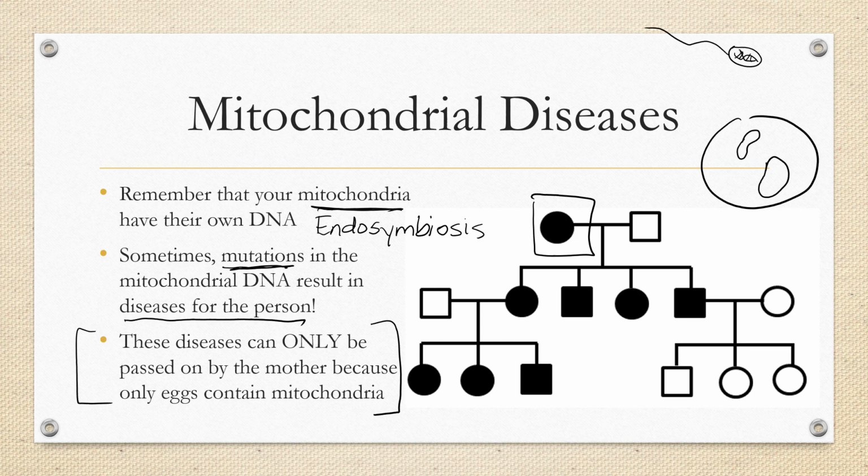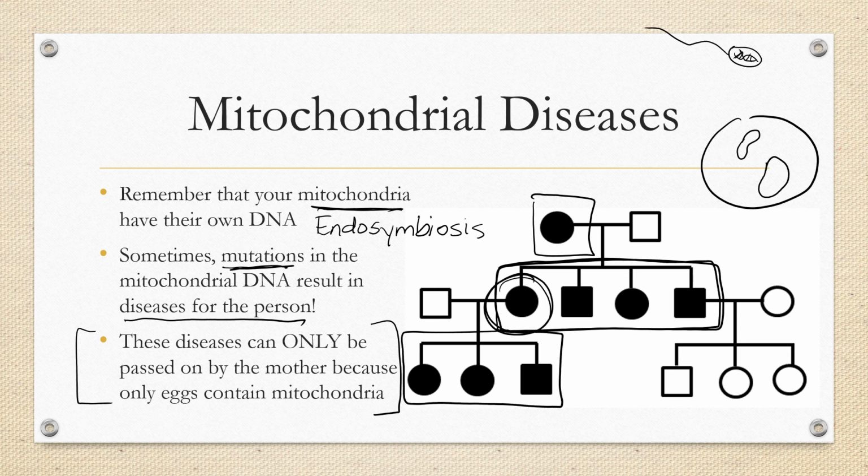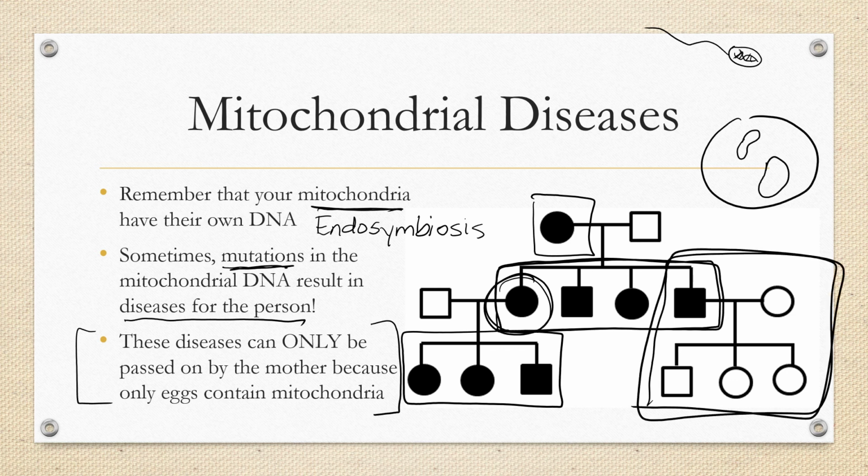So they won't be passing on any mitochondria that could possibly be disordered. And you'll notice that every single one of her children will end up with the disorder. So this mother has it and gave it to all of her children, but it's passed on by the mother. So in this case of this family on the bottom right, the father has it, but none of the children do because he does not pass on any mitochondria.